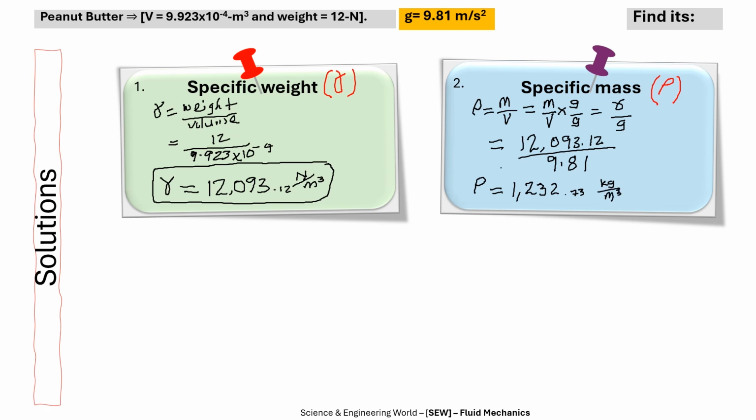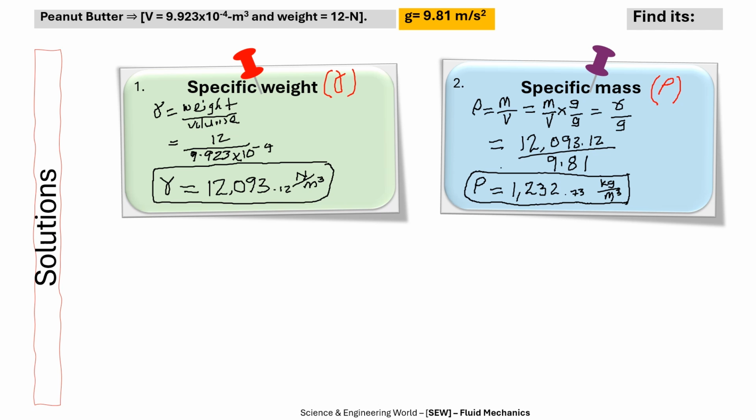So this is the unit of density, and the value for the density of peanut butter is 1,232 kilogram per meter cube.